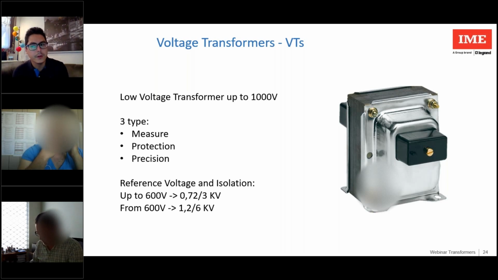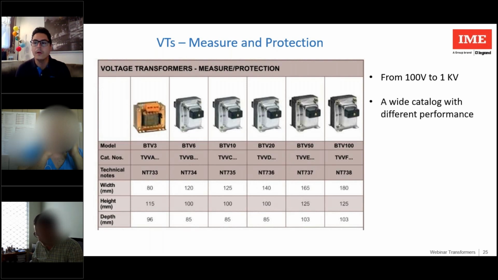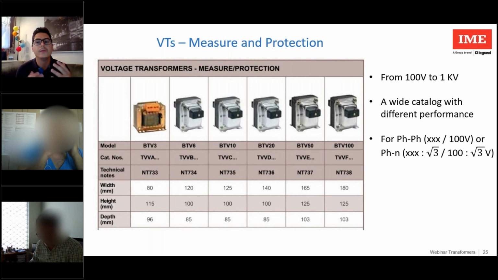IME measuring VTs are used for voltage from 100 volt to 1 kilovolt, ideal for measuring both phase and neutral phase voltage. As for the CT, the IME range is characterized by a wide range of codes that differ in performance and measurement class. In addition, the measurement VTs can also be used for protection.